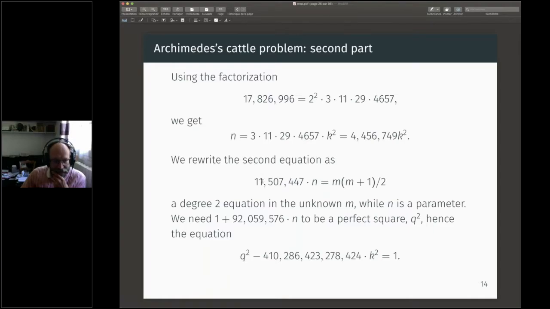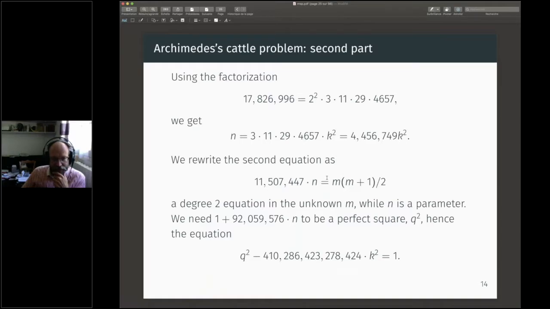And the second equation, now it's something like a multiple of n, which is m(m+1)/2. So this is a degree 2 equation in m, and n is seen as a parameter. And so now you know how to solve that. There are standard formulas for solving degree 2 equations.